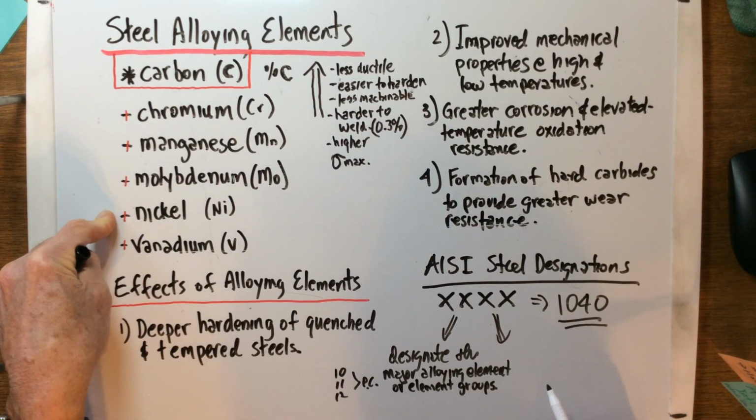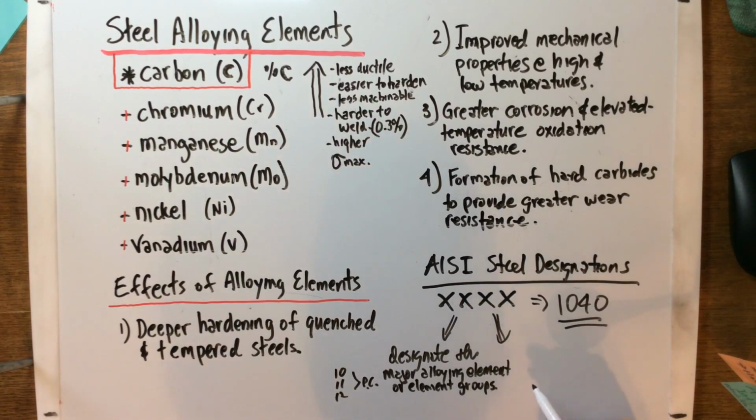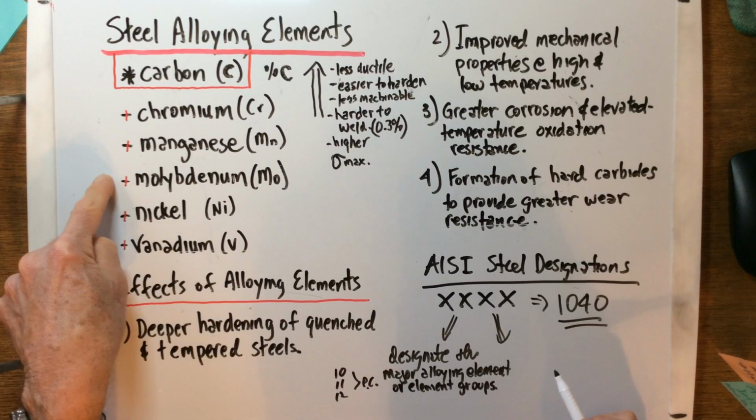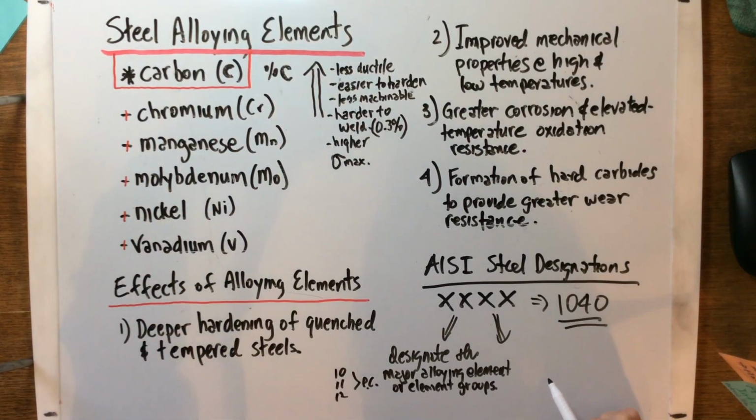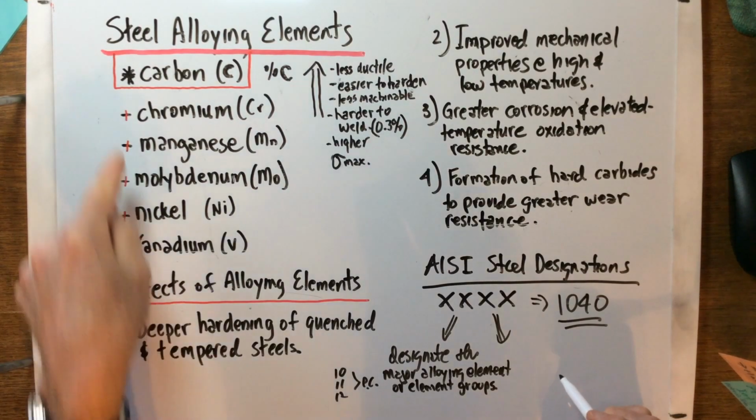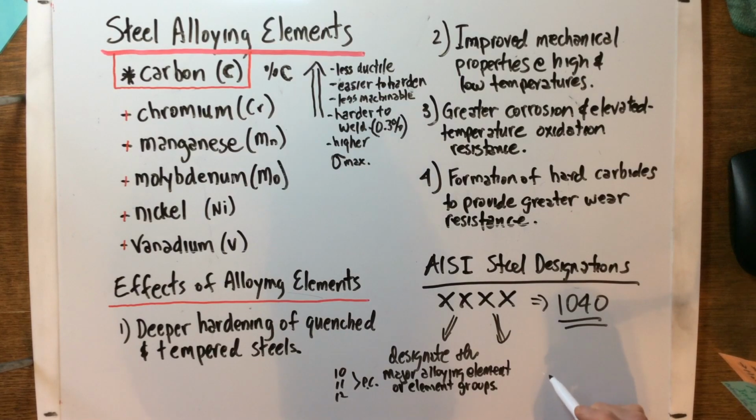Of course they keep going, 30s, 40s, 50s. Another popular one is the 40s: 40s, 41s, 46, all the way up to 48s. Those are molybdenum based alloys. And then last but not least, can't leave without talking about chromium. Chromiums are designated by their 50s.